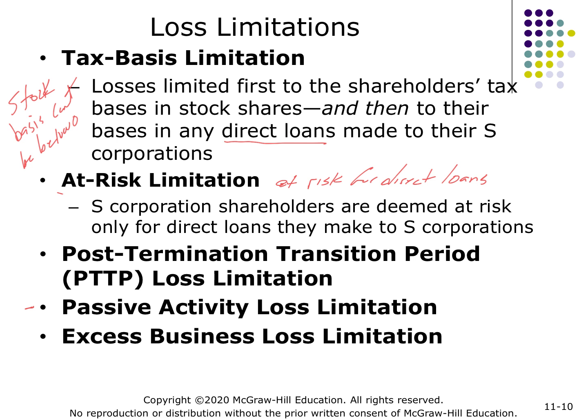Passive activity loss limitations, same thing with partnerships. The passive activity loss rules limit the ability of S corporation shareholders to deduct losses unless they're involved directly in managing the business. These rules work the same way they did for partnerships.